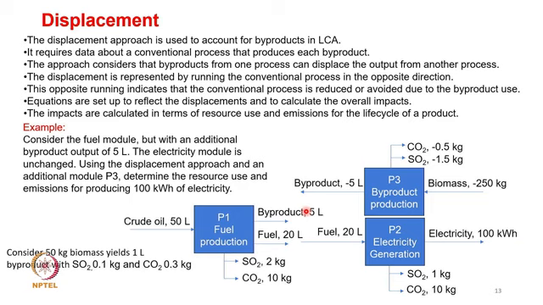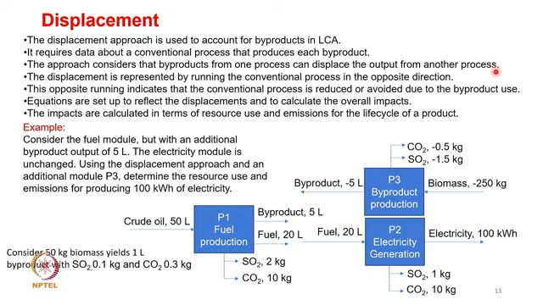This is done by means of the displacement approach to account for the byproduct. It requires the data about the conventional process that produces each byproduct individually. The approach uses byproducts in one process so that it can displace the output from the other process. That's why the term displacement comes in.